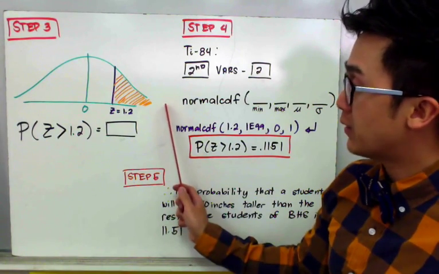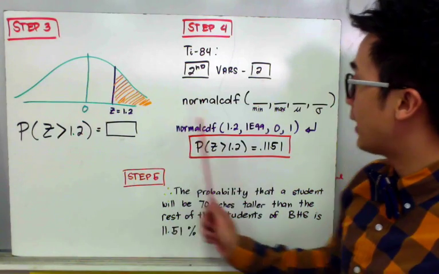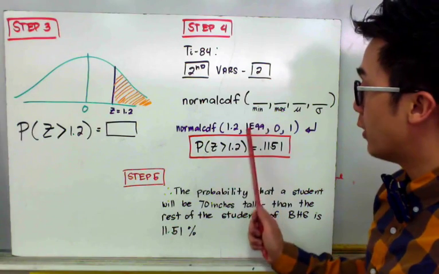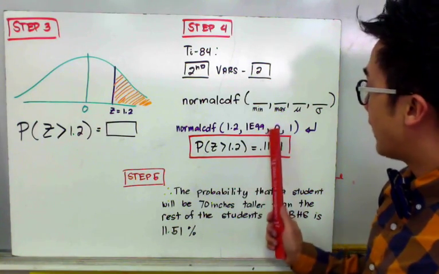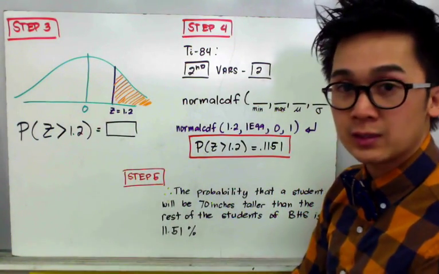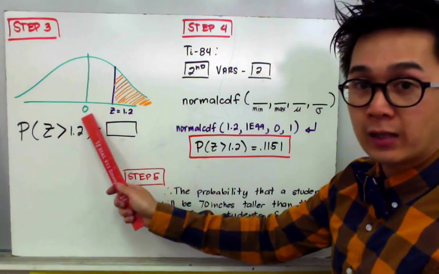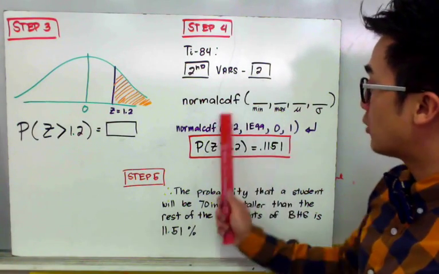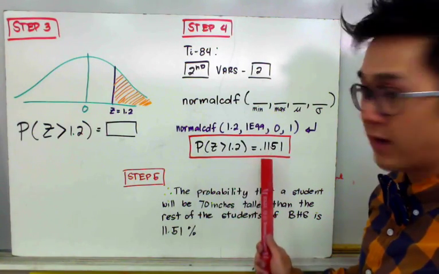Positive infinity in the TI-84 can be represented by 1E99, and I'm going to show you how to generate 1E99 using your TI-84. Then your mean and the standard deviation. Since we are using the Z-score, which is a standardized value, the mean is equal to 0 and the standard deviation is equal to 1. By plugging this into your TI-84, you will get a value of 0.1151.